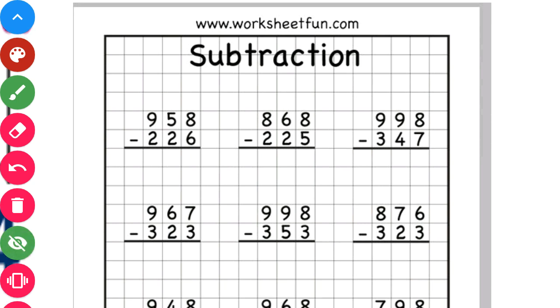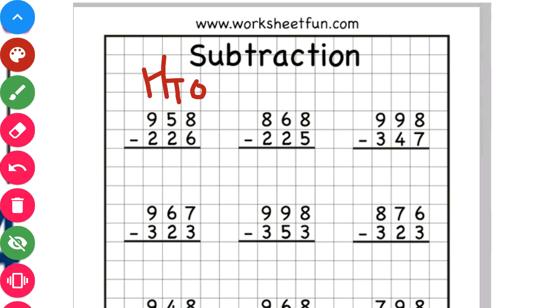Starting from the first question, 958 minus 226. We will start from which position? We will start from ones, then we will move toward tens and finally toward hundreds.